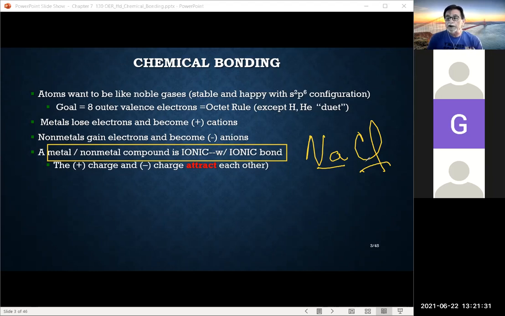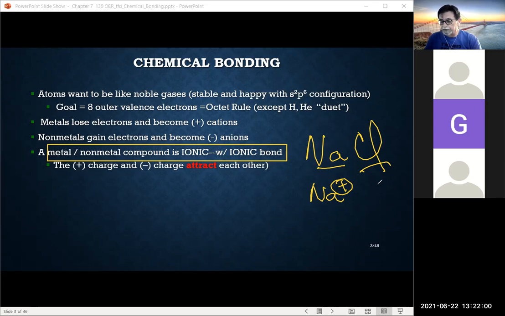So any combination of a metal and a non-metal is an ionic bond or ionic compound. And the result is very similar to two magnets coming together, because on one hand, sodium is in group 1, and when it becomes an ion, it loses 1 electron, so it has a full positive charge.